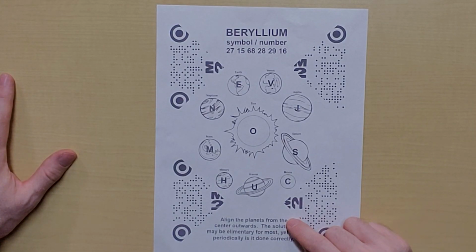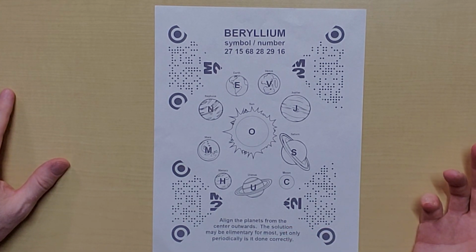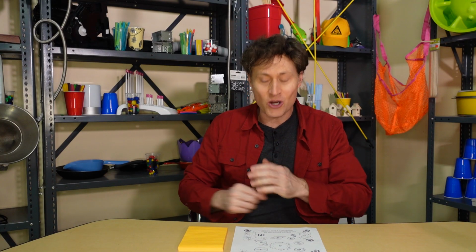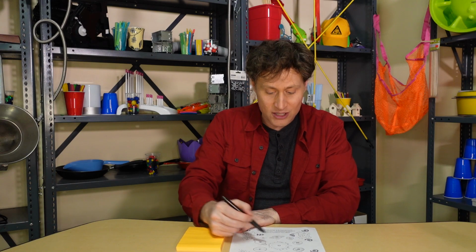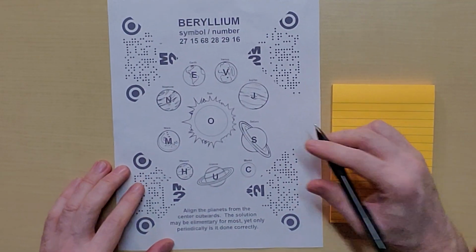So I'm assuming the number 4 works into this somewhere. Now the first part of this says align the planets from the center outwards, which is fairly straightforward. So why don't we start with that? Okay, so from the center outwards, do you know your planets? There are letters in the planets, so I assume we just write down the letters if we go from the center outwards.